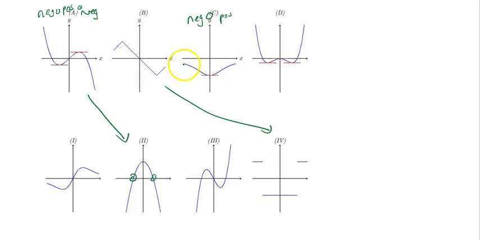Now on the ends it looks like it's almost flattening out, so it's getting close to 0, so we may consider that if we don't see an answer. But down here, the only 2 that I have left, it has to be number 1, because number 1 is below the x-axis, then 0, and then above the x-axis. So it's negative, 0, positive, so C matches with number 1.